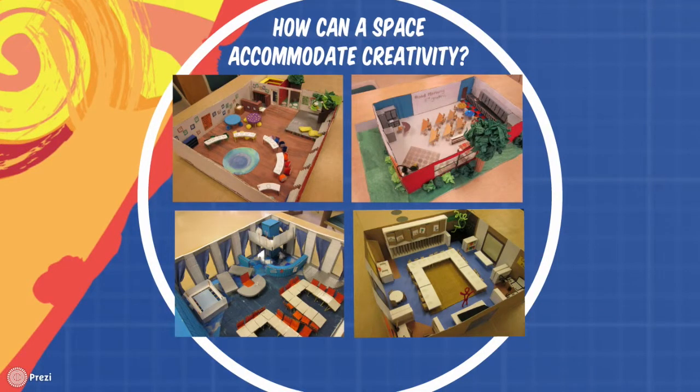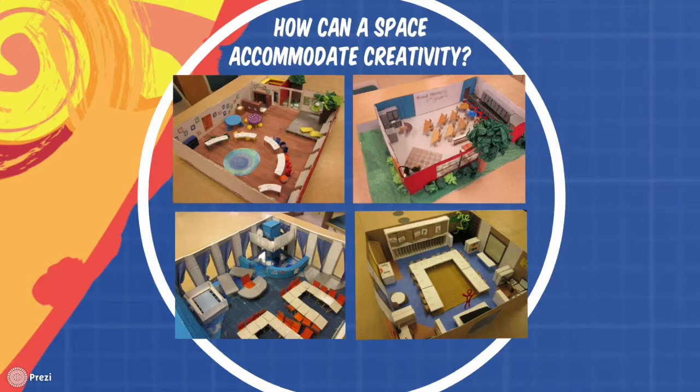The other thing I want you to think about is how a space can accommodate creativity. The examples you see here were created by elementary generalist teachers, and their goal was to create an elementary classroom. Now, granted, they weren't thinking about an art-specific classroom, but they were thinking along the same lines of how can I create a space that allows for creativity and is inviting for students.